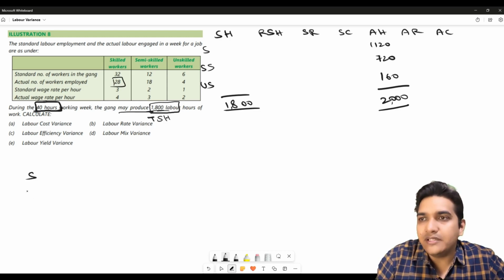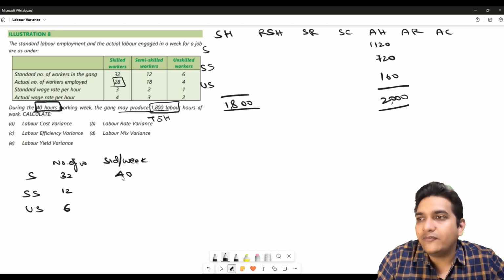So we have skilled, semi-skilled, and unskilled. The number of workers, we have 32, 12, and 6. Then the standard hours per week is 40, 40, and 40.